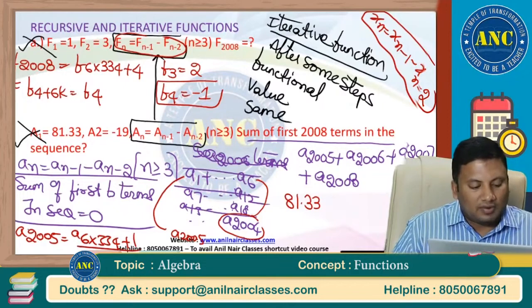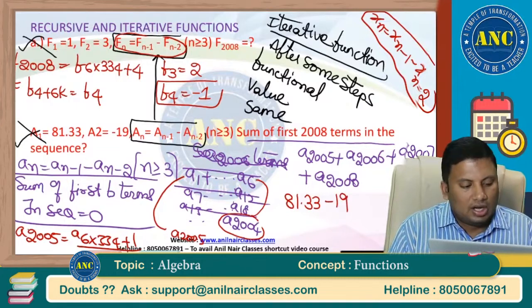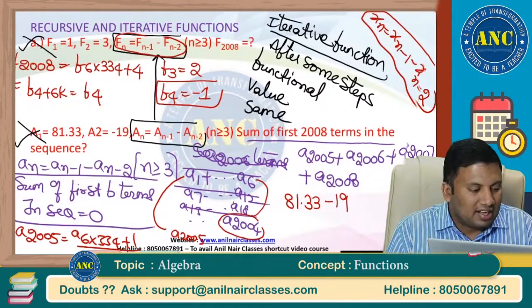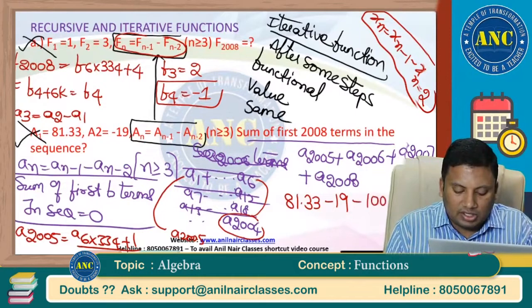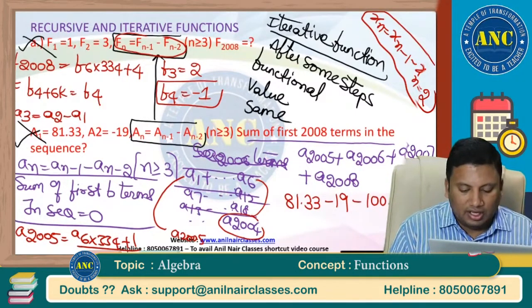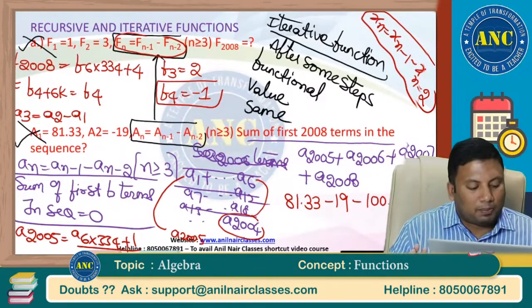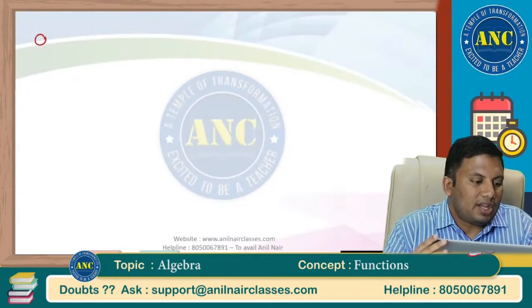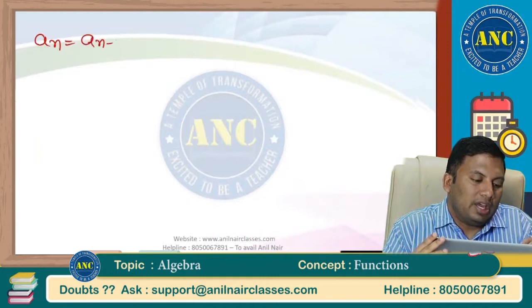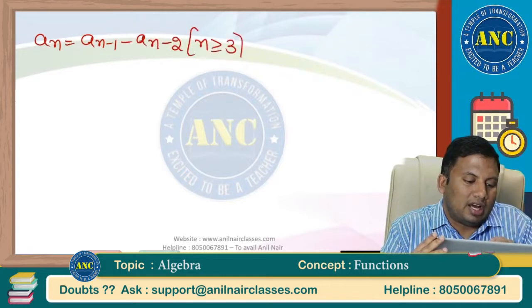Similarly, 2006 is a2, which is minus 19. 2007 is a3, and a3 is a2 minus a1, which is minus 100.33. 2008 is 6 into 334 plus 4. If you want it neatly, I will write it down here: an equals an minus 1 minus an minus 2, for n greater than or equal to 3.